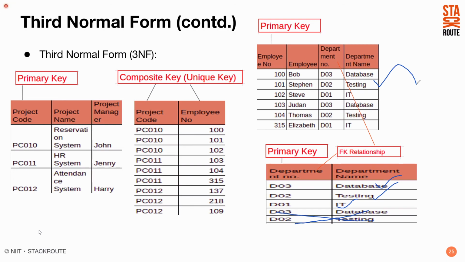No, not possible, because department number of the employee table is having a foreign key relation with the department table. So that foreign key alone we will discuss tomorrow. But for your understanding, if department number is not there, I cannot have it in my employee table.